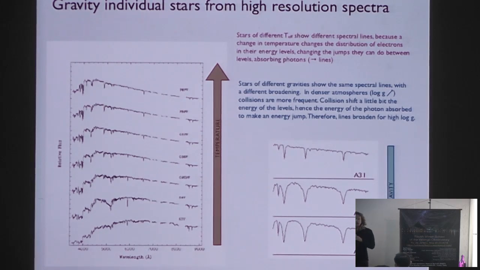One is what we discussed yesterday, because gravity affects the relative fraction of an element with different degrees of ionization. But gravity also affects the collisional broadening of the lines, because when gravity is higher, the density is higher, so there are more collisions. Some lines are collisionally broadened, so they are more broadened in stars with higher gravity.